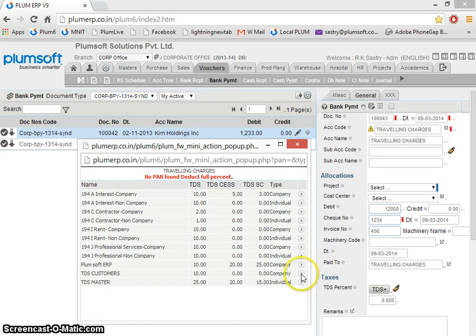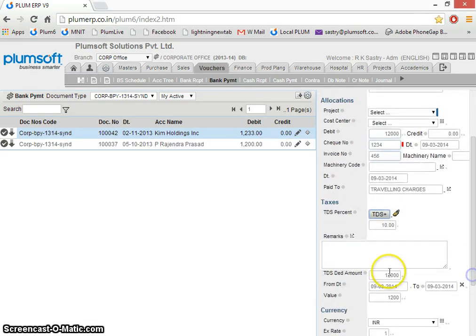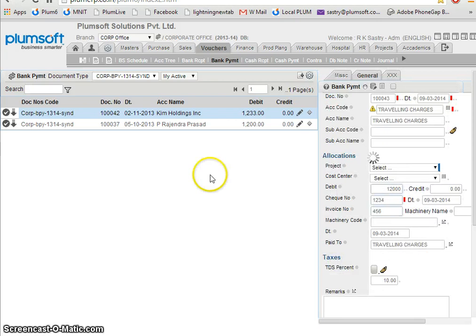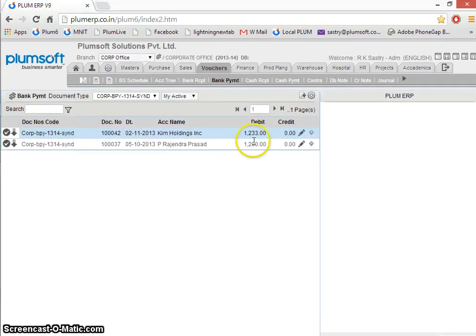Let's say in services it is about 10%, so you can deduct the TDS and you will see the TDS amount that is deducted here, and now we are saving the record.